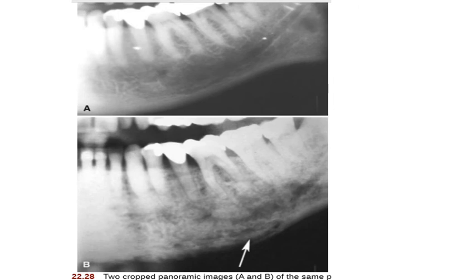So, this shows the panoramic image of the same patient taken 1 year apart. We can identify development of sclerosing bone and sequestration that is noticeable on the imaging following the bisphosphonate therapy.